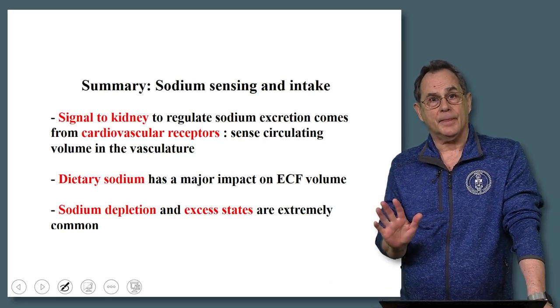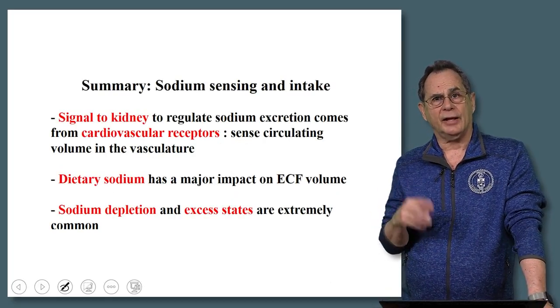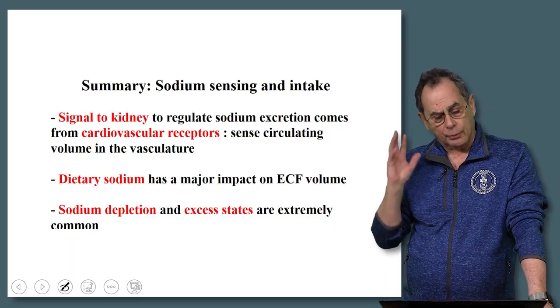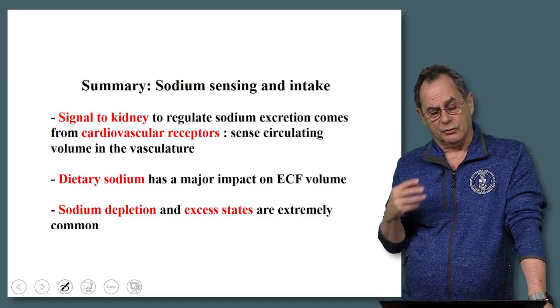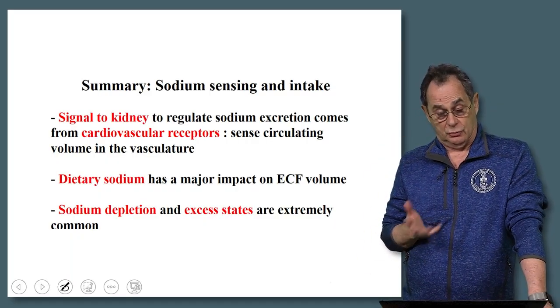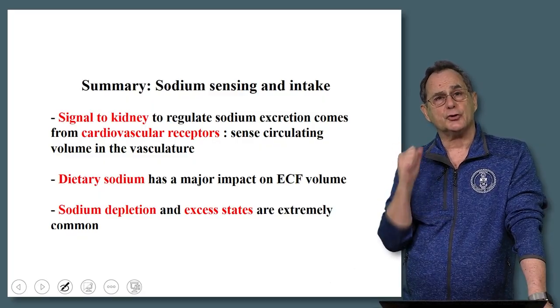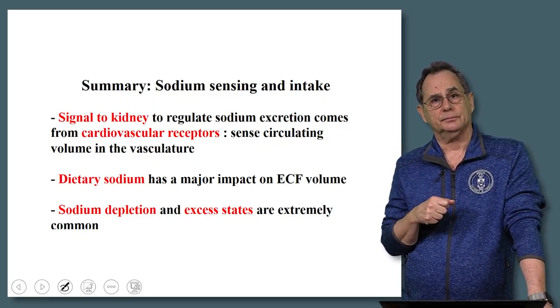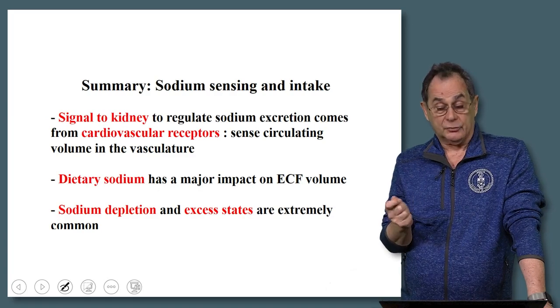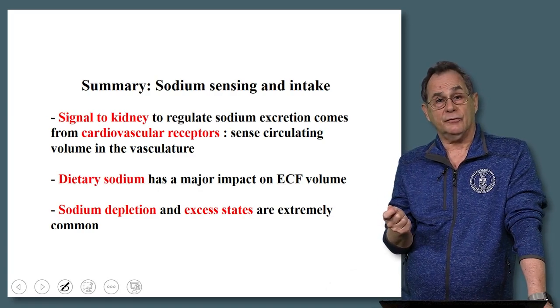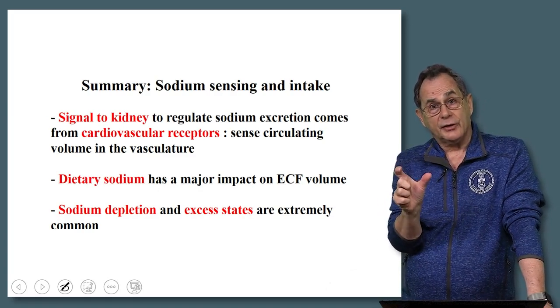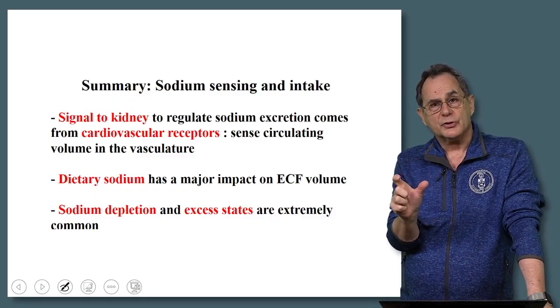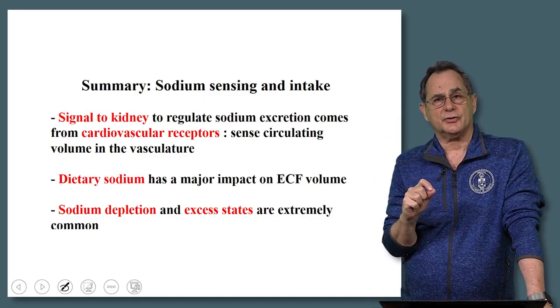So, summary. Signals to the kidney regulate sodium excretion primarily by cardiovascular volume and pressure receptors. They sense the circulating volume of the vasculature. Dietary sodium does have an impact on extracellular fluid volume. Eventually, in a healthy kidney, we will compensate, but the price will be an increase in extracellular fluid volume.